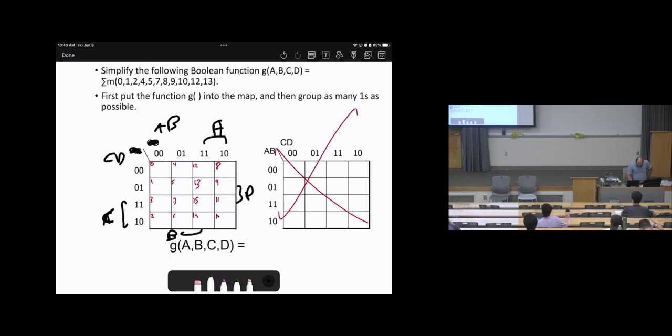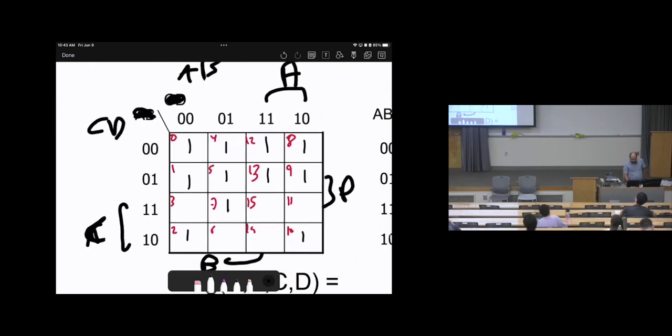Then put the location of the ones. We have 1 at 0, 1, 2, 4, 5, 7, 8, 9, 10, 12, and 13. Now, can we group 16? No. Is there a way to group 8s here?